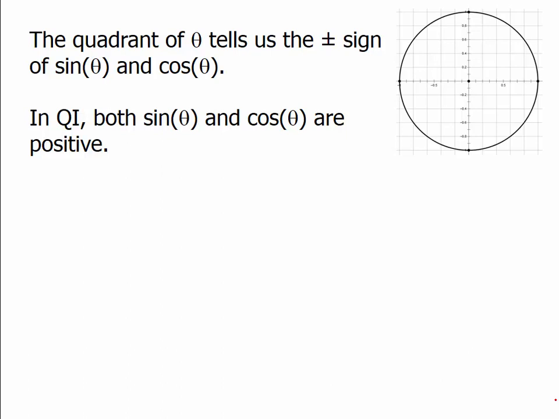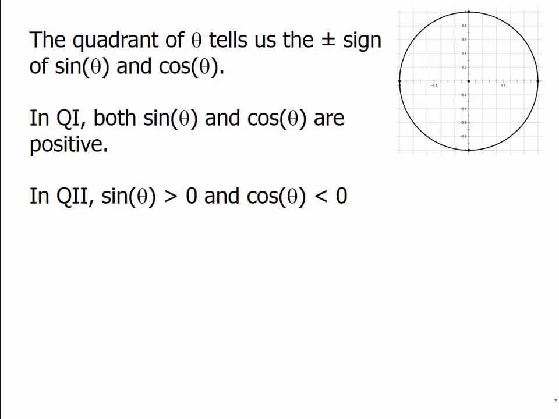Now, when we move to the second quadrant, remember that y is still positive, but now x is negative. And so that means sine is positive and cosine is negative in the second quadrant. When we move to the third quadrant, both y and x are negative, so both sine and cosine are negative.